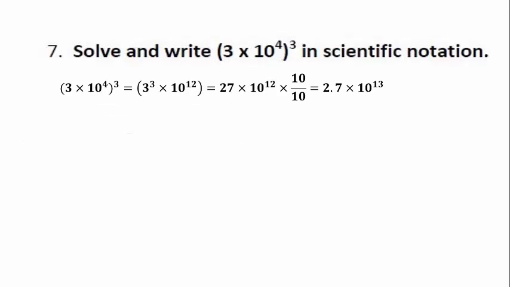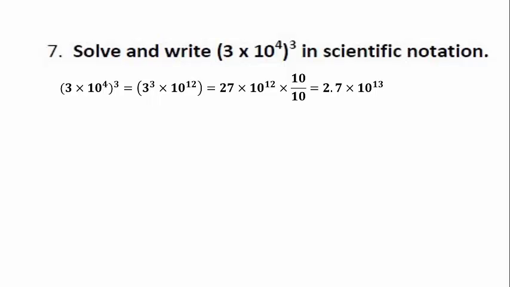Problem number 7. Solve and write 3 times 10 to the power 4, all to the power 3, in scientific notation. We will distribute the power 3 on each base we have. So we will have 3 to the power 3 and 10 to the power 4 to the power 3. 4 times 3 is 12.